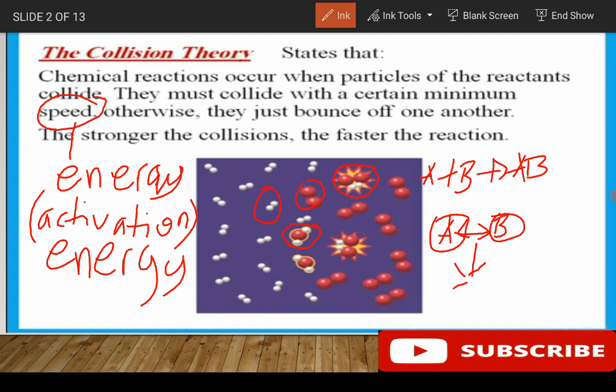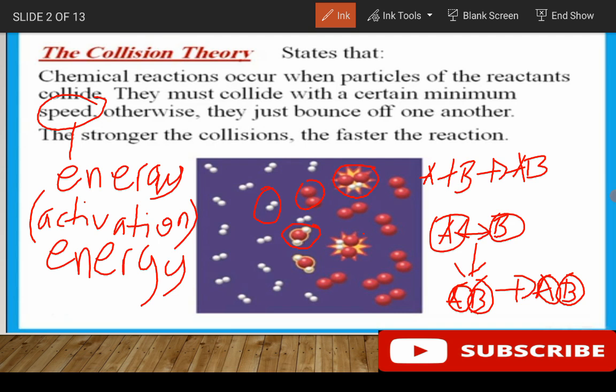When they collide like that, boom, the result is going to be the product, which is called AB. In the absence of this collision, a chemical reaction cannot take place.